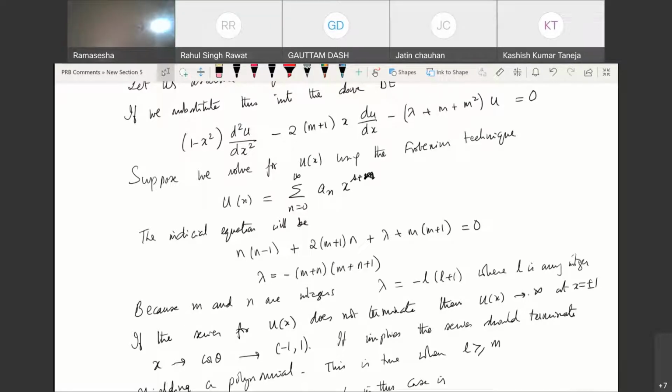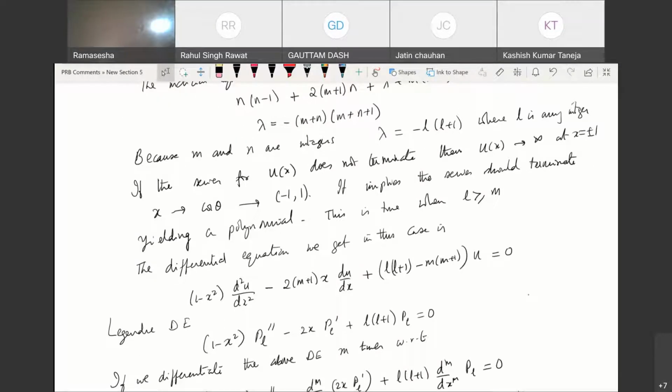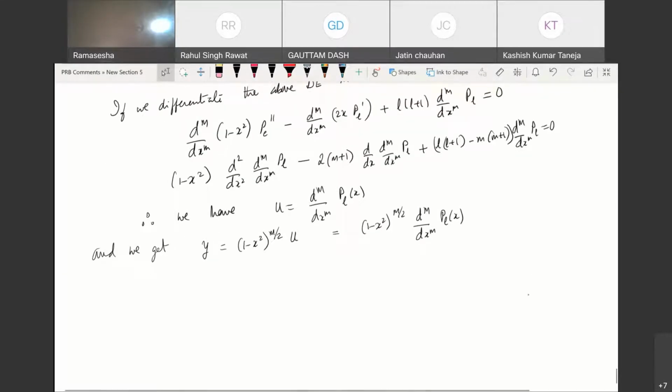That is possible only if the series for u of x becomes a polynomial. So u of x is a polynomial. By actually showing that the Legendre differential equation differentiated m times, then I'll get, and so u is d m P L by dx m, and since y is equal to 1 minus x squared to the power m by 2 u, I have y is equal to 1 minus x squared to the power m by 2 d m P L by dx m.